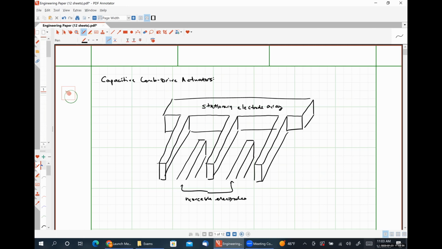So I'm now going to indicate some key dimensions on our figure. So we have some distance between our fingers. This is going to be D, and D should be the same on both sides.